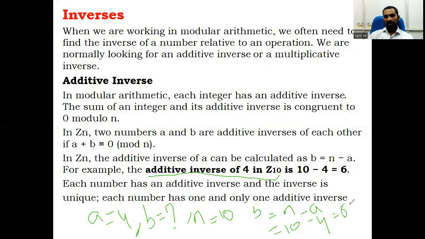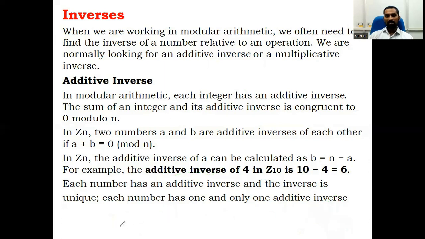So now we can say that 6 is the additive inverse of 4 and vice versa. 4 is the additive inverse of 6. Each number has an additive inverse and it is unique. Each number has only one additive inverse, right?